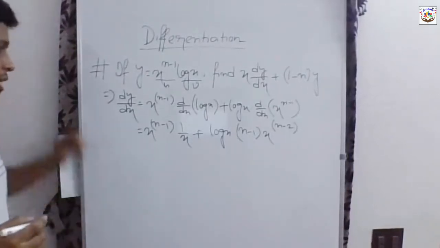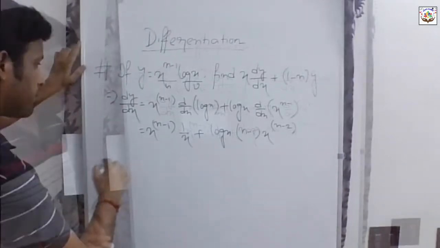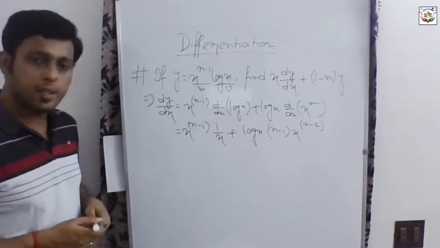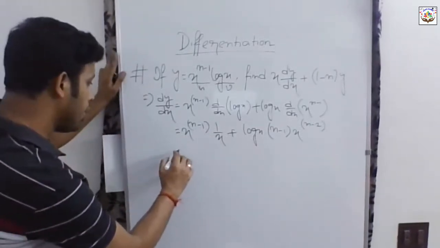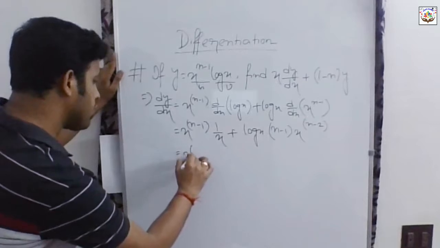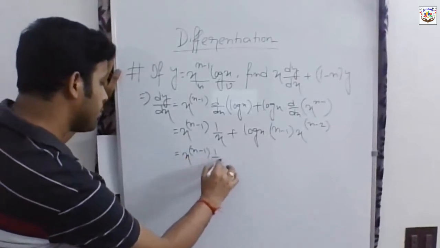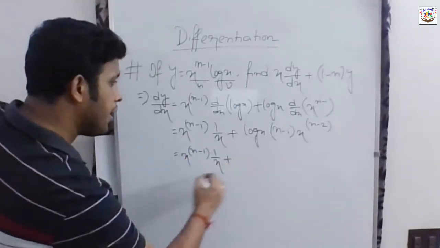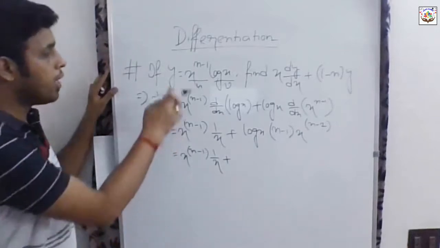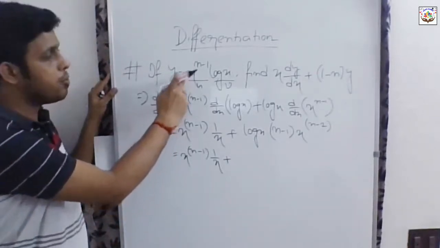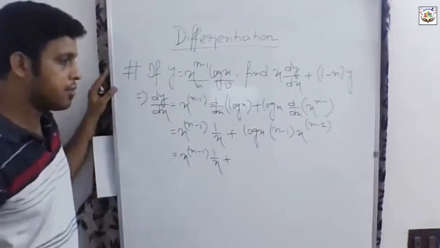Now, what we can do here is let the first part be as it is, and in the second part just look at the value of y. It is x to the power n minus 1 into log x.